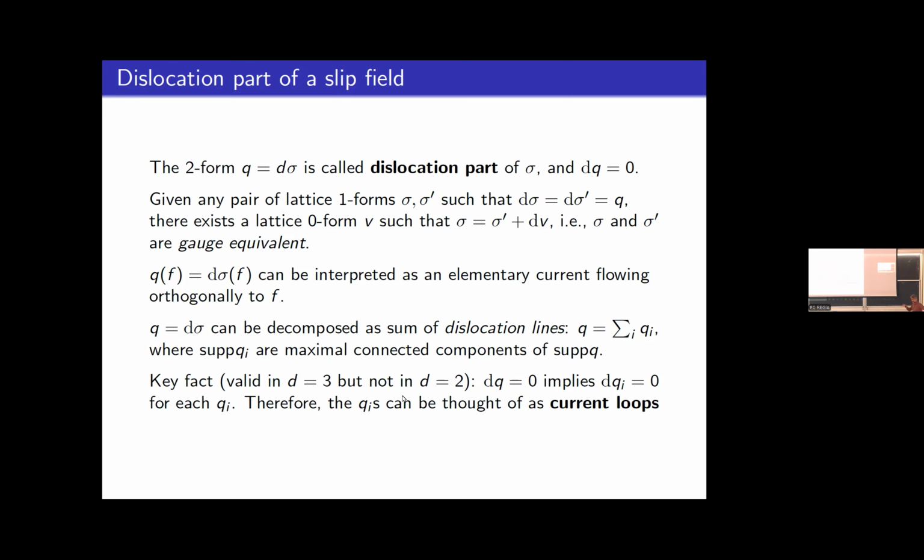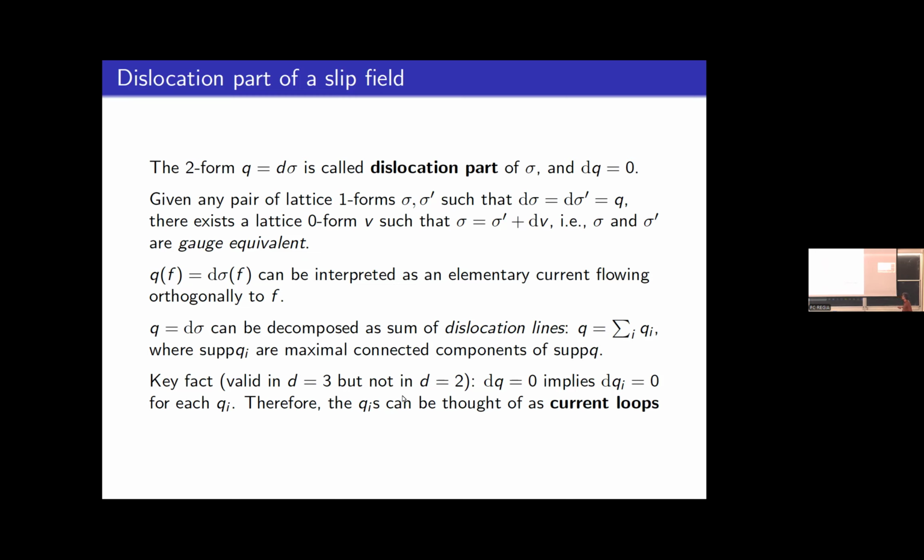This is not the case in 2 dimensions. This is related to the fact that this function is defined on faces, which are not the maximal cellular complex in 3 dimensions, so we still have one level up. While in 2 dimensions, Q is still defined on faces, but faces are the highest cellular complex, and this makes things different.